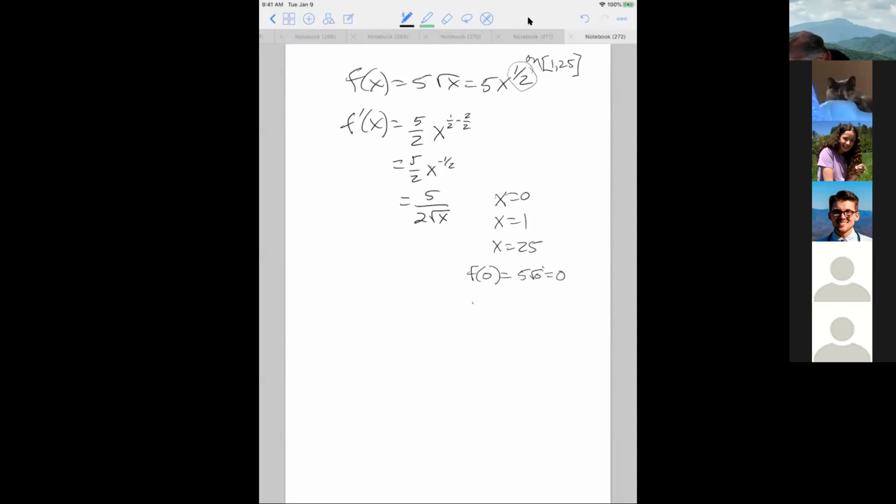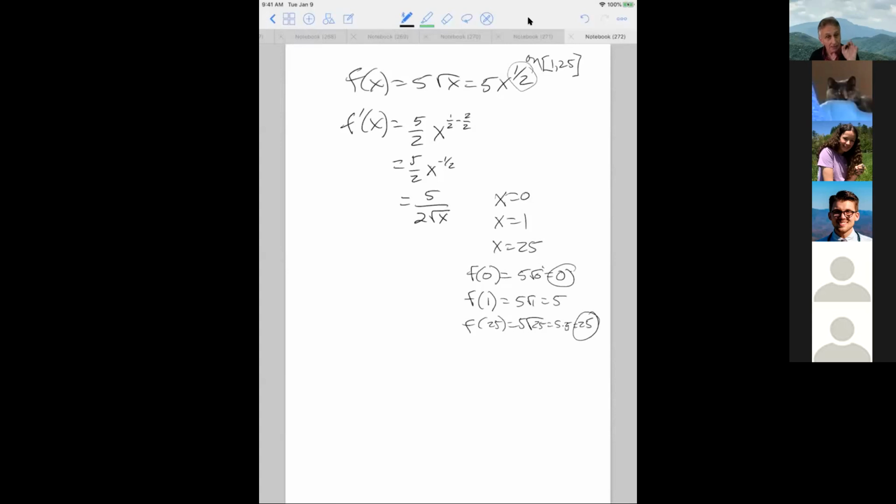And f of 1 is 5 times the square root of 1, which is 5. And f of 25 is 5 times the square root of 25, which is 5 times 5, which is 25, right? So what's the max? Boom. What's the min? Absolute max and absolute min is what it was asking for, okay?